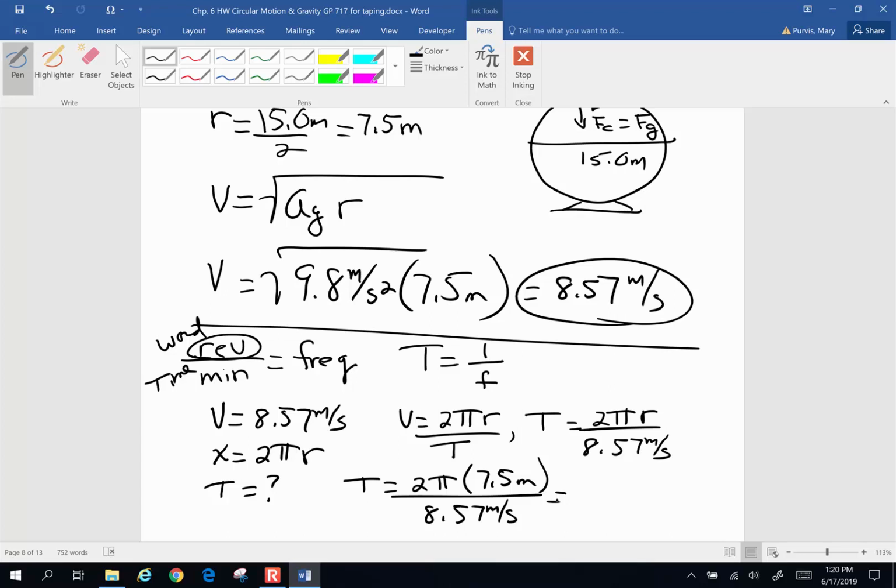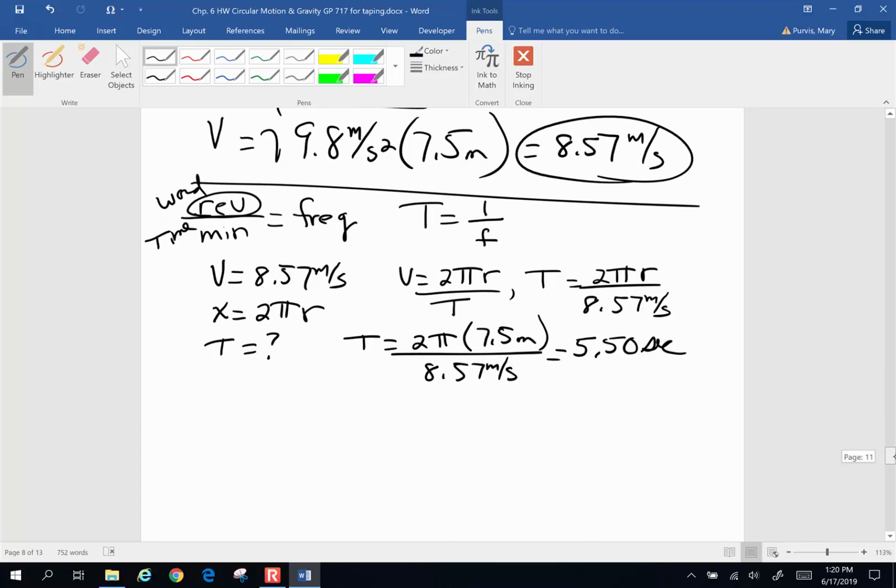I'm going to do that again because I just don't trust myself right this second. 2 times pi times 7.5 divided by 8.57 equals, I got 5.50 seconds, which is the period of revolutions.